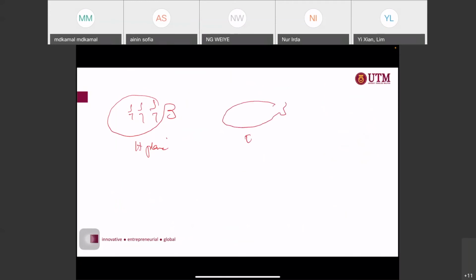So this is the E plane here. So this is the radiation pattern for the log periodic antenna, the radiation pattern for the LPDA antenna.